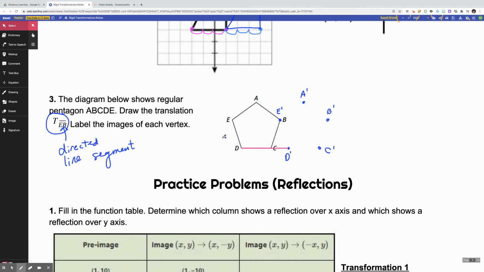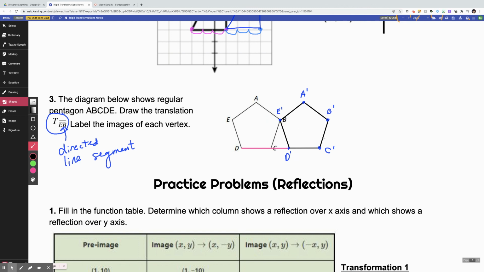And now what I can do is connect, like I said, I'm going to do this with my Kami line tool because I can draw a little bit easier and connect those dots. 1, 2, 3, 4, and 5, right?